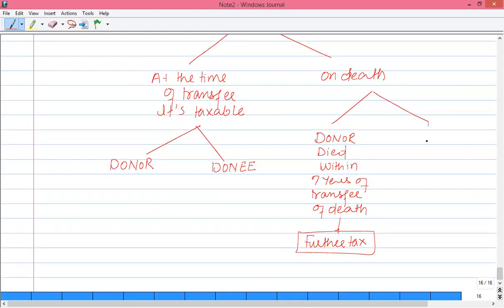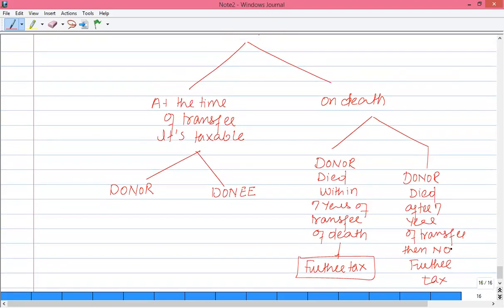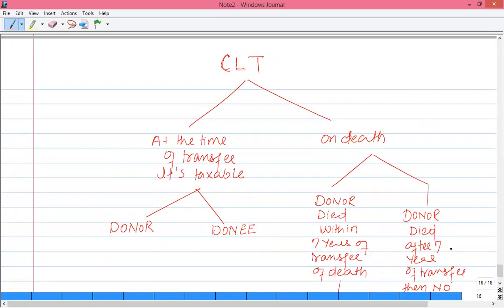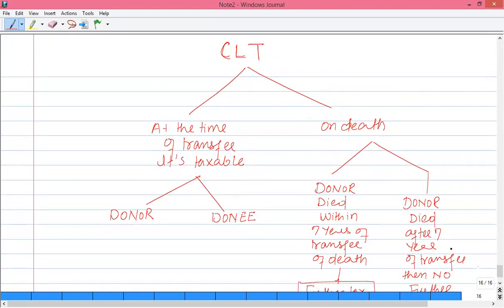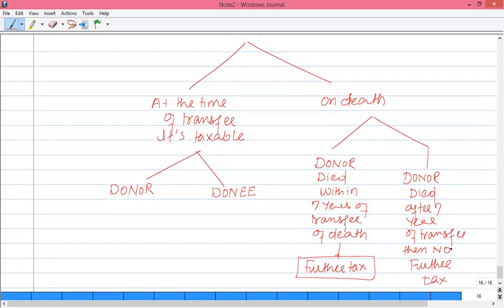But if donor dies after 7 years of transfer, then no further tax. So that means that in case of CLT, when we are giving gift to a trust, it is partially taxable at the time of transfer, and the final tax liability depends on the 7 years rule.